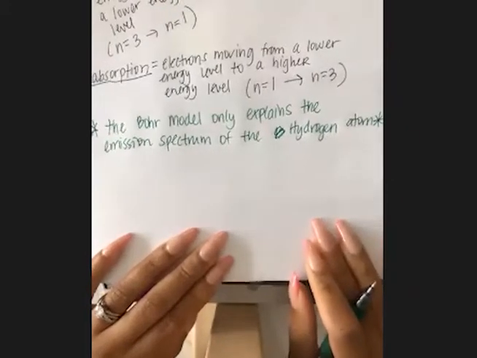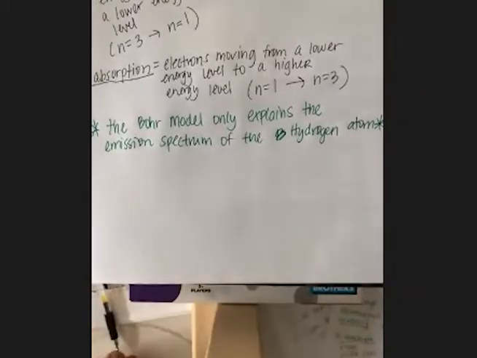Meaning it could only really explain why hydrogen emitted that pink light. When you do all the calculations and the higher level physics and chemistry, it didn't really explain why all the other atoms emitted the color of light that they did.